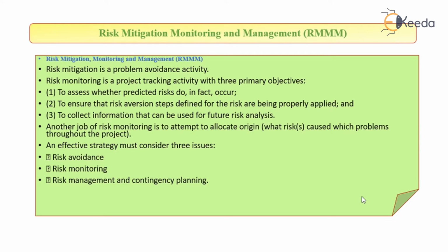Risk monitoring is done with three primary objectives: to assess whether the predicted risks do in fact occur; to ensure that risk aversion steps defined for the project are being properly applied; and to collect information that can be used for future risk analysis. So monitoring is to see whether the risk is going to occur or not, to avoid the risk or reduce its impact, and to collect information pertaining to a risk in a project for future analysis.